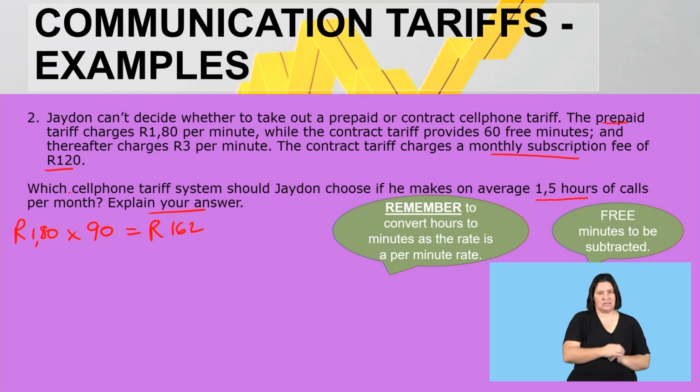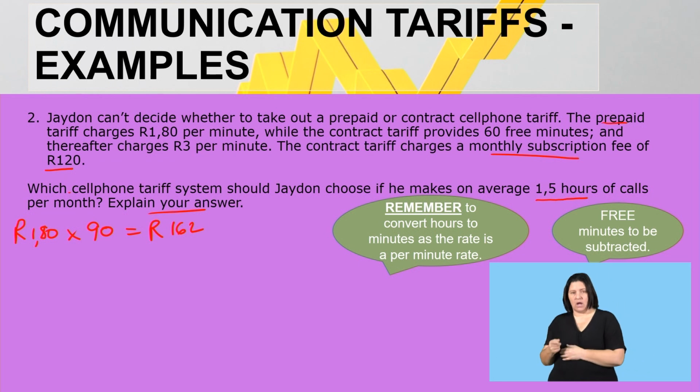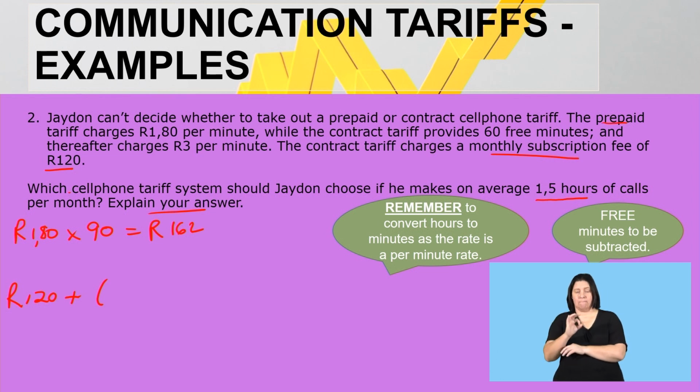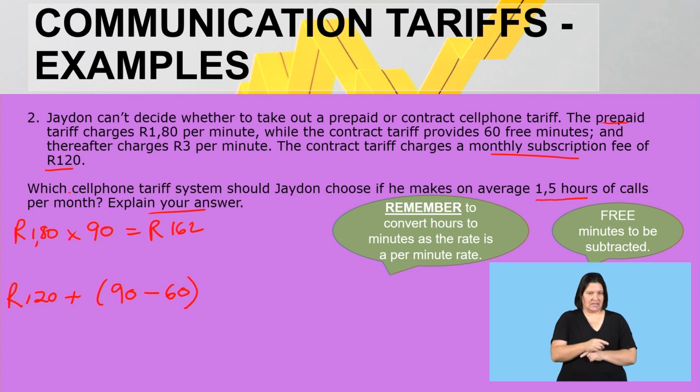Now let's quickly look at our other option, which is our contract. It says the contract is 120 per month plus, and I'm going to read it. The contract provides 63 minutes, and thereafter they charge 3 Rand per minute. So therefore, we take the 90 minutes minus the first 60 minutes. Remember, that's free now. Okay, and then they also said it will be at the rate of 3 Rand thereafter.